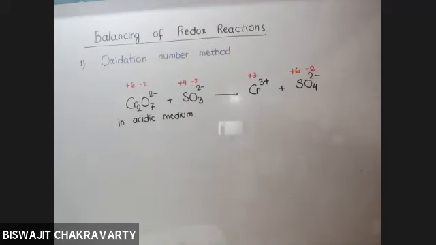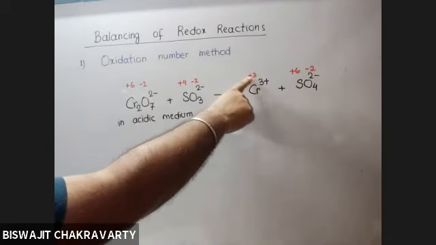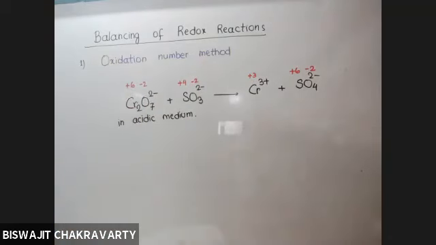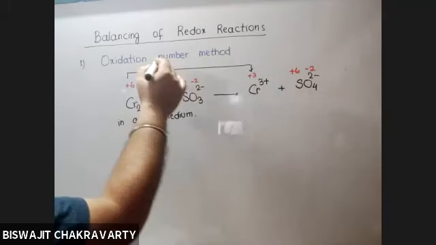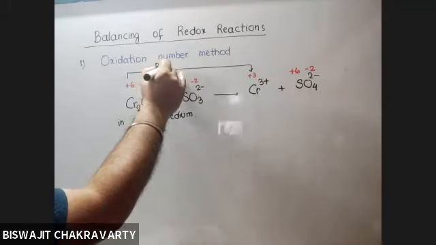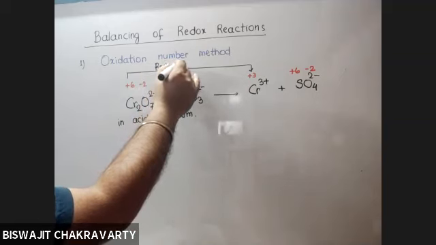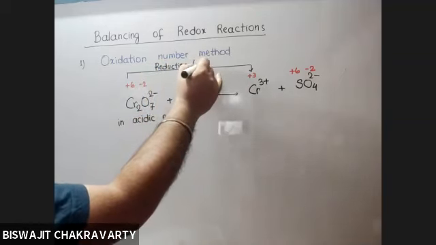Sulfur. Now chromium is undergoing change in what way? Is the oxidation number increasing or decreasing? Decreasing. So decrease in the oxidation number is called reduction, isn't it? So we will write reduction, because there is a decrease in oxidation number.